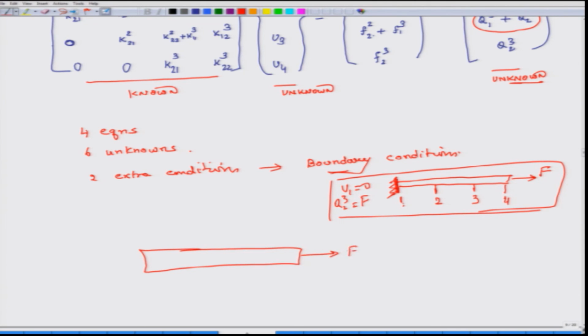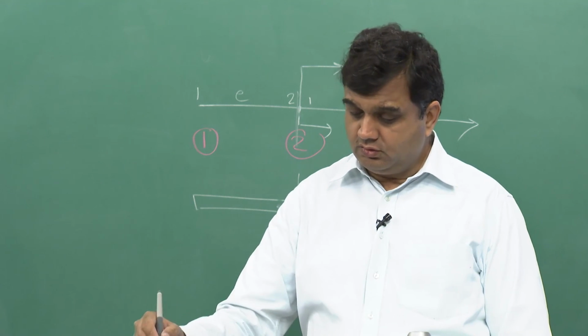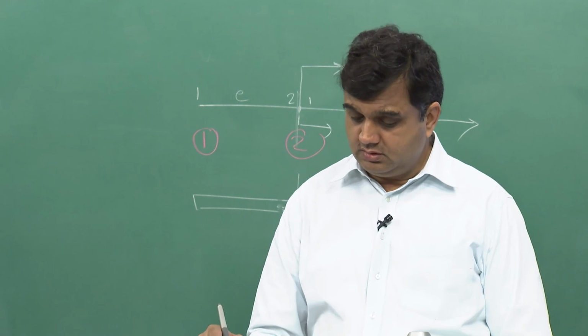Another situation could be you have a bar and I am applying force here and I am applying force here. In this case, what is the situation? U1, U2, U3, U4 are unknown, but the force at node 1 and the force at node 4 are known.